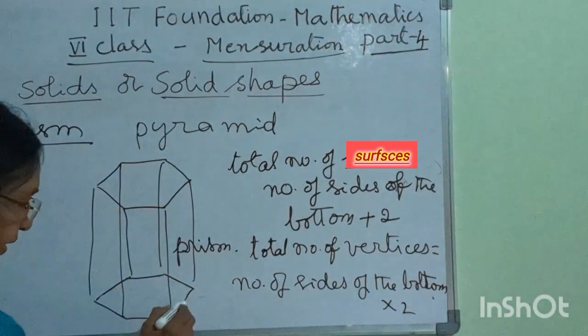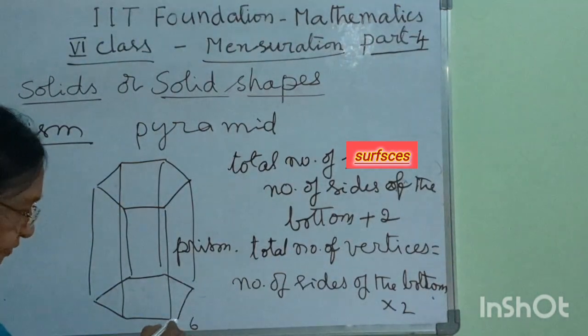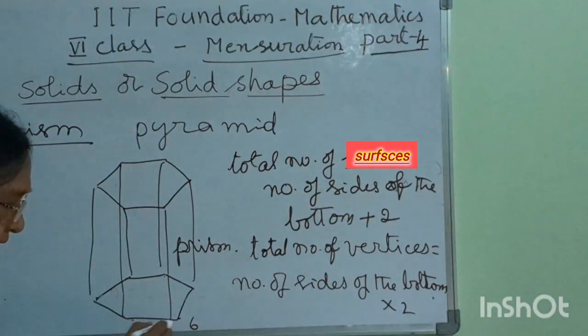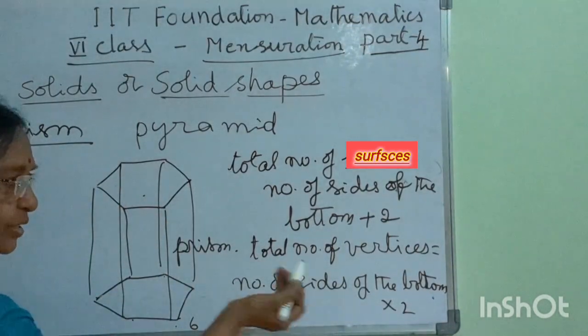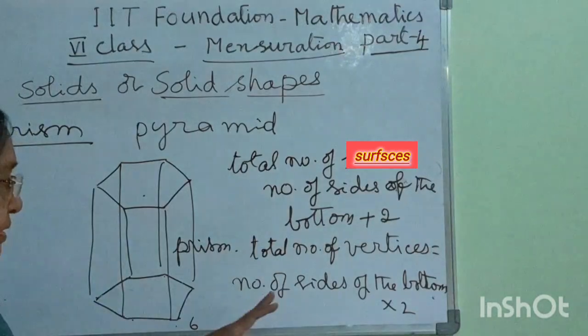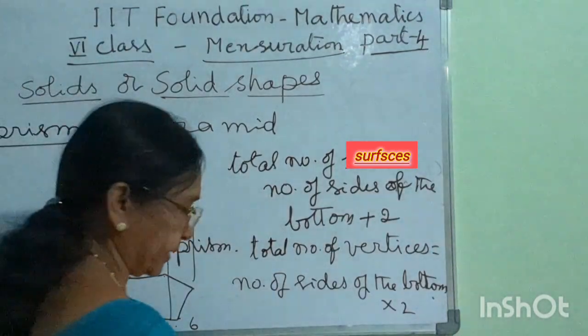Suppose the number of sides of this bottom is 6. Therefore, 6 vertices are there here, and again 6 vertices at the top. Therefore, number of sides into 2 is the total vertices of the prism.